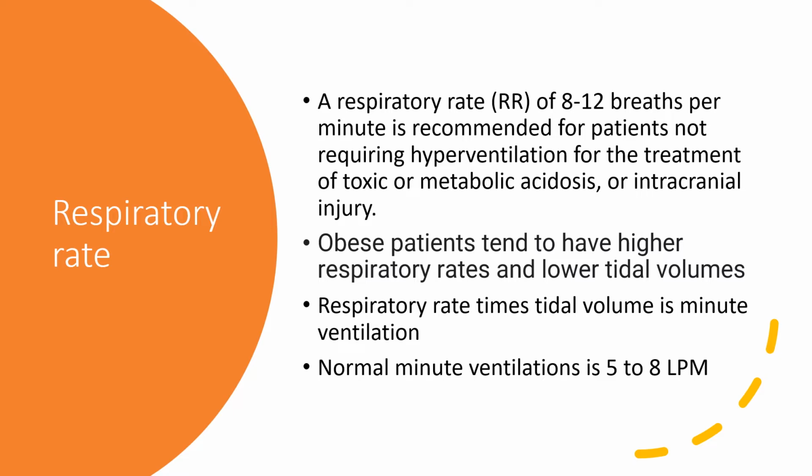If a patient has intracranial injury and you want to blow off CO2, or if someone has metabolic acidosis and you really want to blow off the CO2, you might have to increase the respiratory rate. But under normal conditions, a respiratory rate is anywhere from 8 to 12 breaths per minute. So that's where you set it.